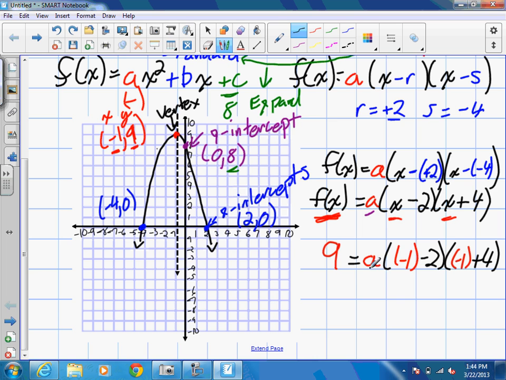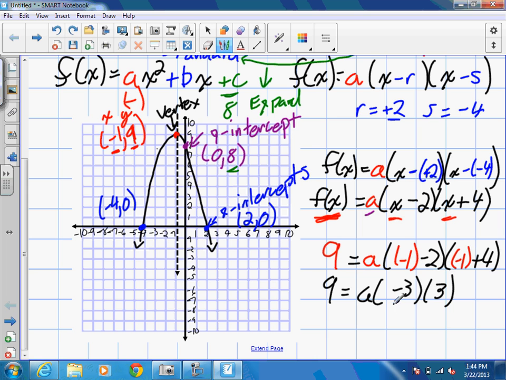So, now all we have to do is follow our BEDMAS and create our factored form equation. So we have 9 is equal to a. This is negative 1 minus 2. What will that give us? Negative 3. And we have a negative 1 and positive 4. What will that give us? 3. Okay, this is very important here. What you guys should have realized from this is both the absolute values, or the unit values, are the same.